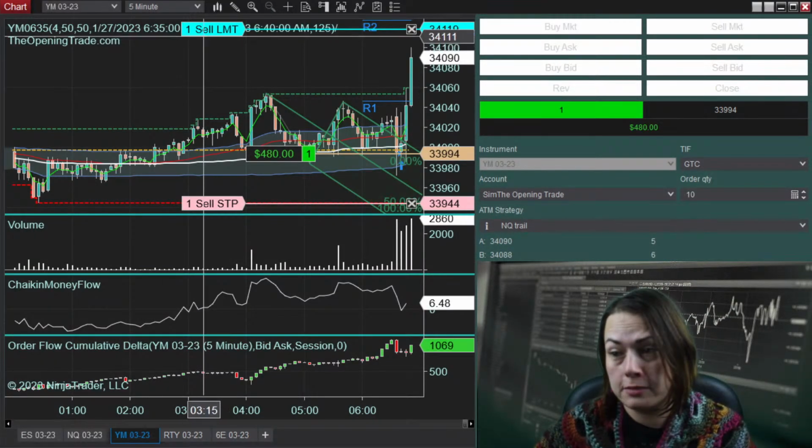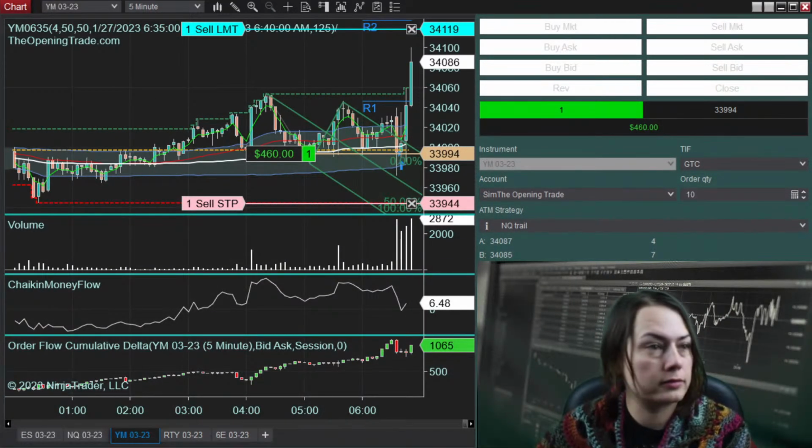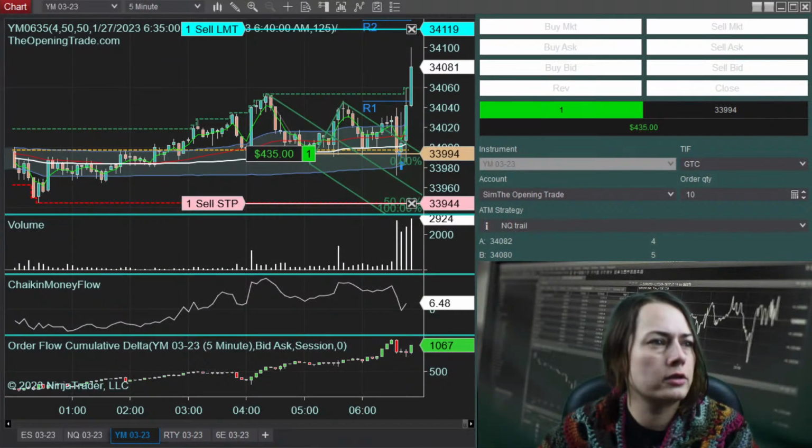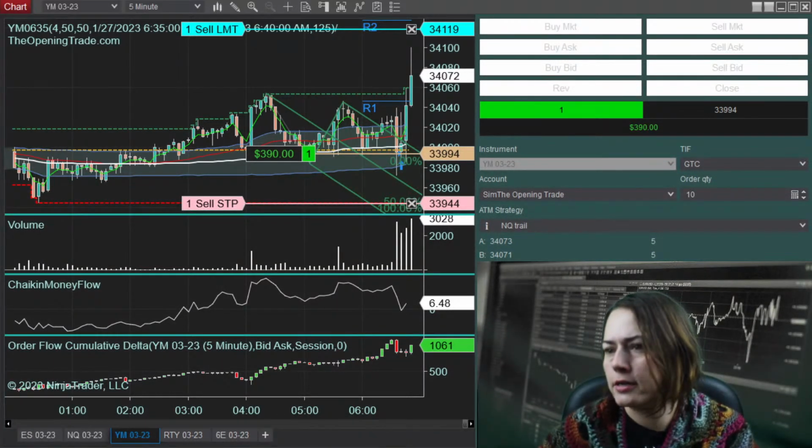We want the green bar to go up. That's what we want. All right, so nothing fresh on the news. Today is Friday the 27th, the last Friday of the month of January.